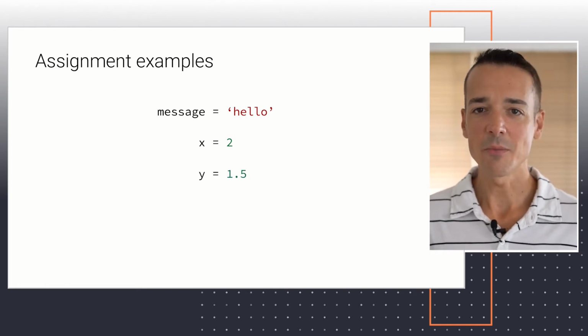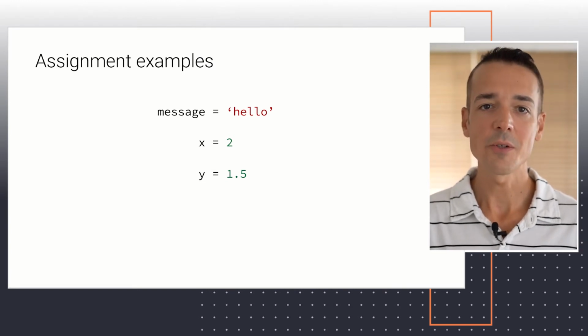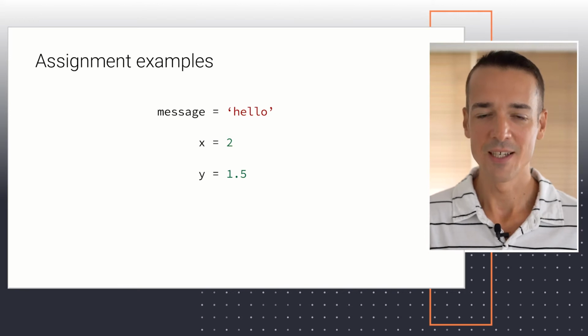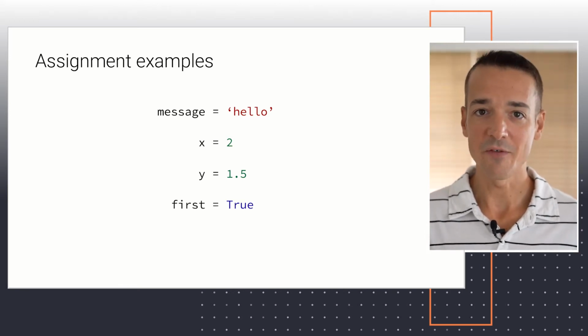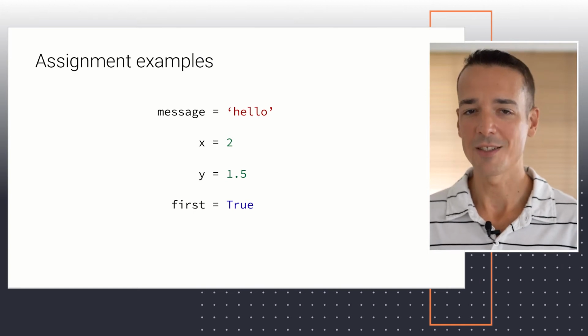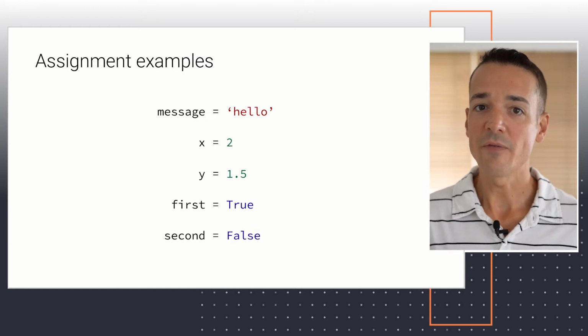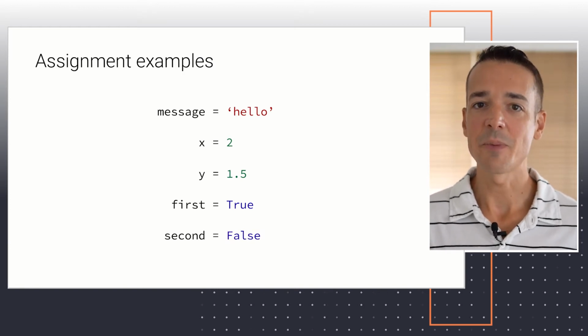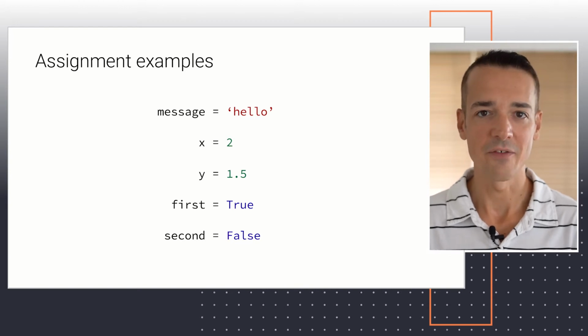Next, a new variable named y saves a real number, also referred to as a floating point number, set to 1.5. Finally, a new variable named first saves a special Python constant called True, notice the capital T, while a new variable named second saves another special Python constant called False, also mind the capital F.